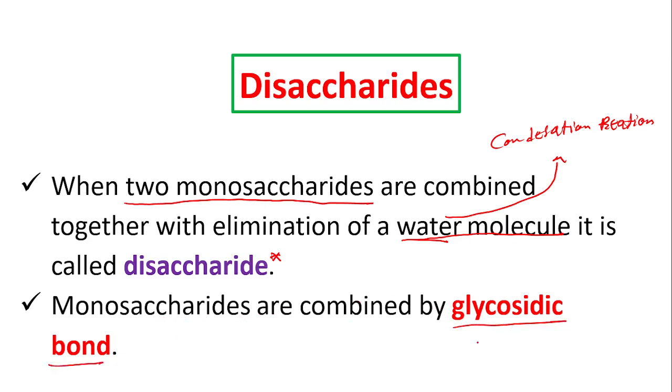A bond between two monosaccharides is a glycosidic bond, and this bond is just a covalent bond, the bond which exists when two monosaccharides react together.